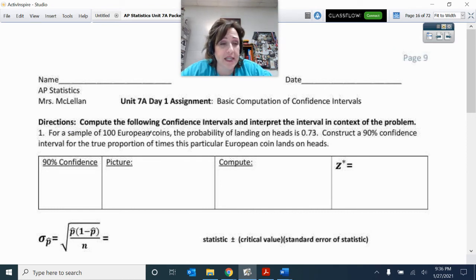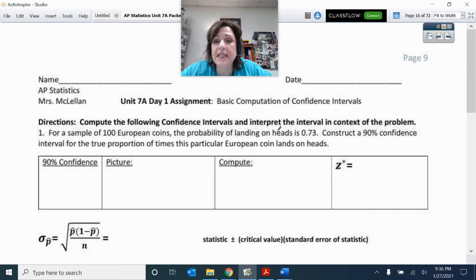This is some context here. We have 100 coins, and the probability of landing on heads is 0.73. So that's my p-hat. Construct a 90% confidence interval for that true proportion.